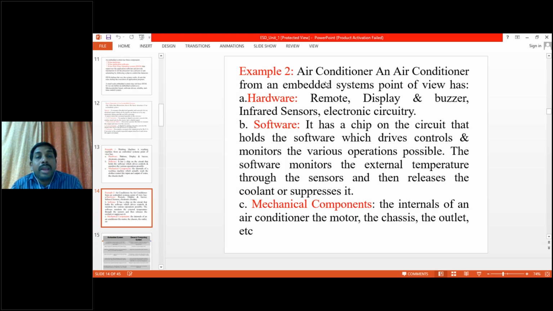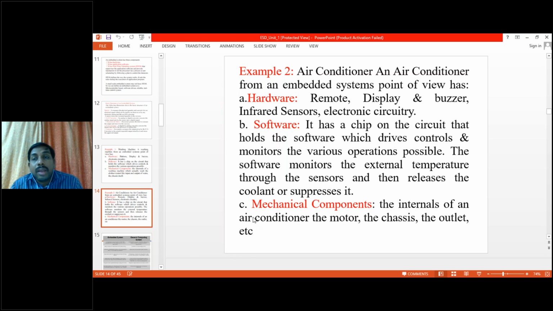For our example, air conditioning systems, the hardware is a remote, display, buzzer, sensors, electronic circuitry. The software is a chip which holds the software, which drives the controls, monitors various operations, and then releases the coolant.